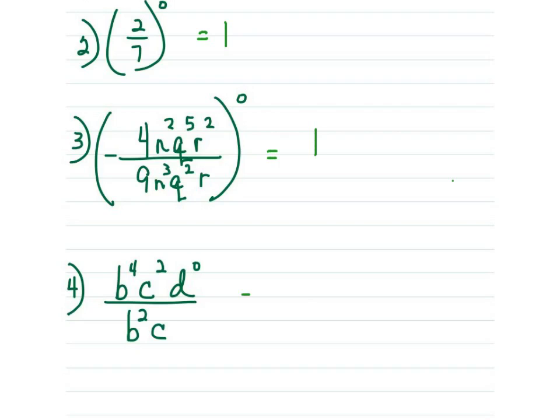Let's go ahead and divide the b's first. B to the 4th divided by b squared is b squared. C squared divided by c would be c. And d to the 0 would be 1. Times 1 would be an invisible 1, not necessary to write it.